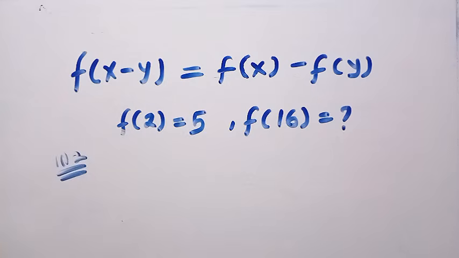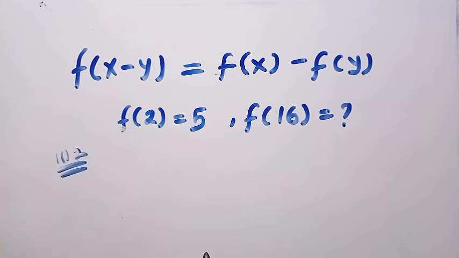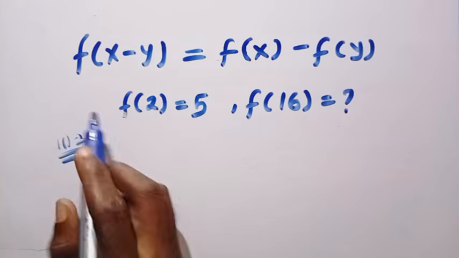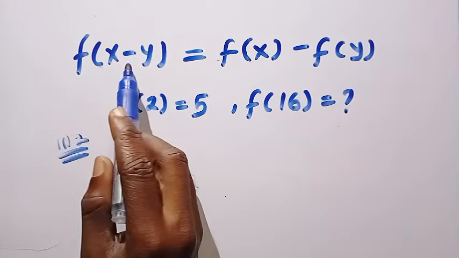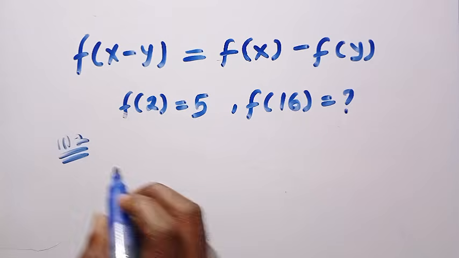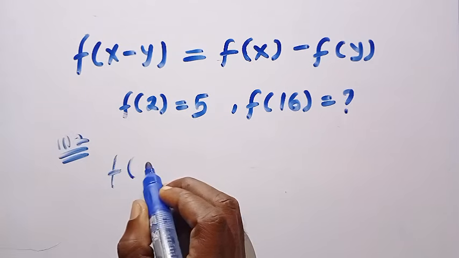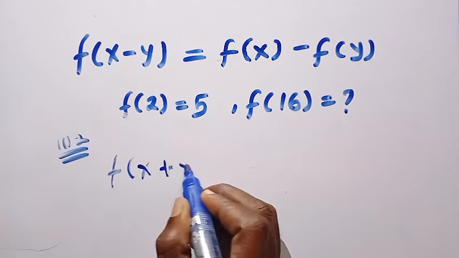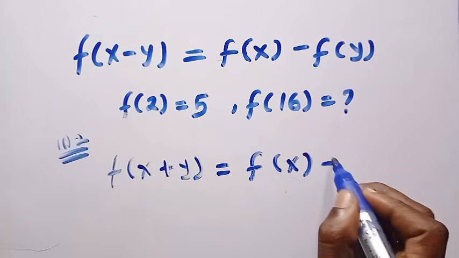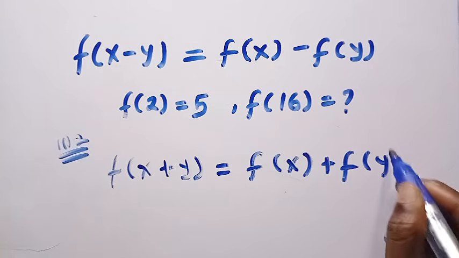If we consider the second method, there are two ways to solve this. Either we use the default formula f of x minus y equals f of x minus f of y, or we use the Cauchy function that we got, which is f of x plus y equals f of x plus f of y.